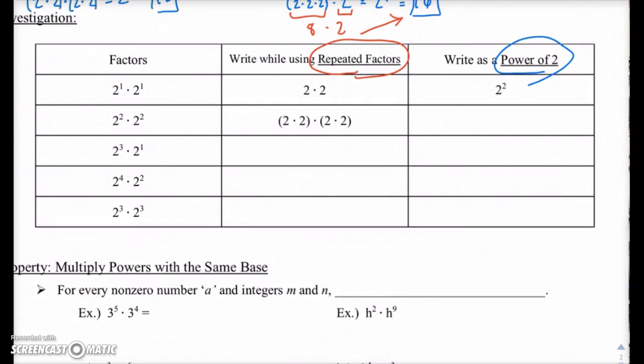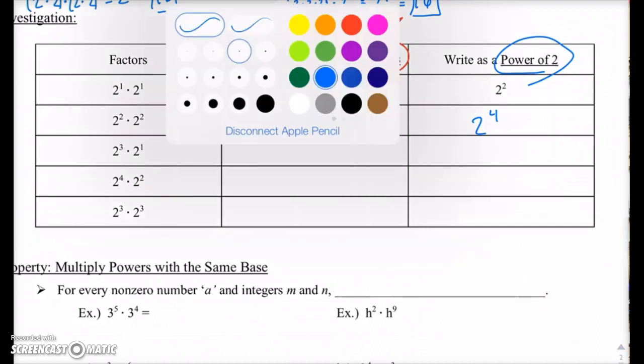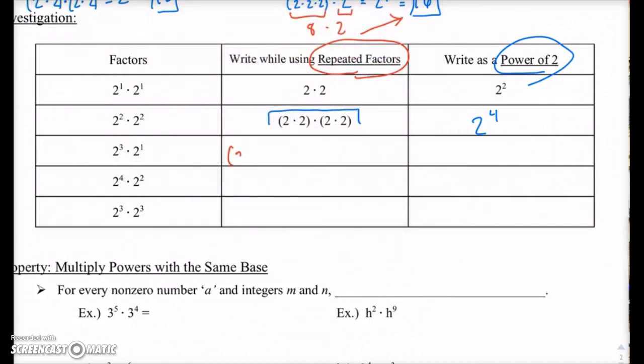Moving on to the second row here. To write this as a power, you really just count how many 2's you have. In this case, it's going to be 2 to the power of 4, since there are 4 2's. Below here, to write it as factors, we have 2 to the power of 3, which is right there, and then 2 to the power of 1 is just 2.